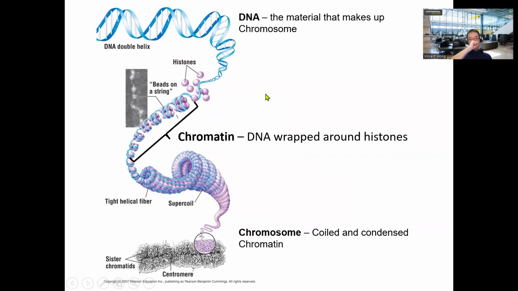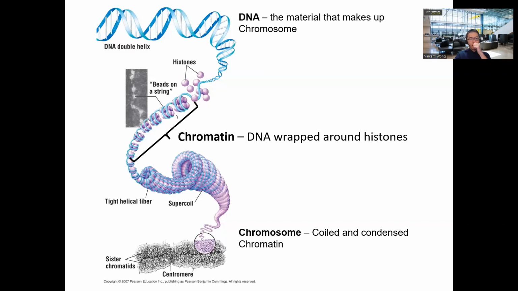So just to recap, this whole concept of DNA and chromatin and chromosome, because it's very confusing for many people. DNA is the macromolecule that makes up the chromosome. In its very native form, not wound up, the molecule itself is the double helix that we are familiar with, right? You see the sugar phosphate backbone here, and these little bars represent the ACTGs.